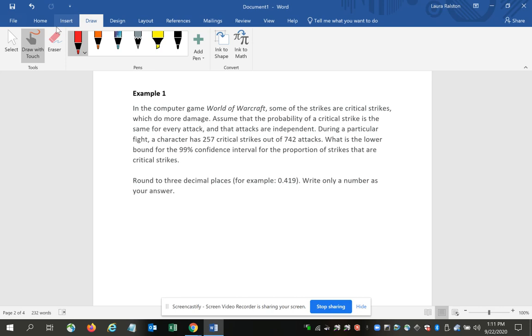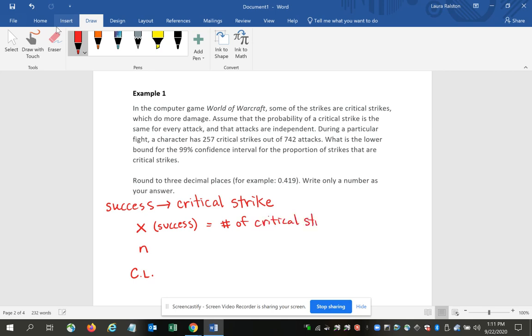Okay, so a couple of things. One of the things you may have to do as you read through this problem is think about what it would mean to be successful here. A success, as you read through this scenario, is that you perform a critical strike. So when we start thinking about the information we need, x, n, and our confidence level, remember x is the number of successes. So in this case, it's going to be the number of critical strikes.